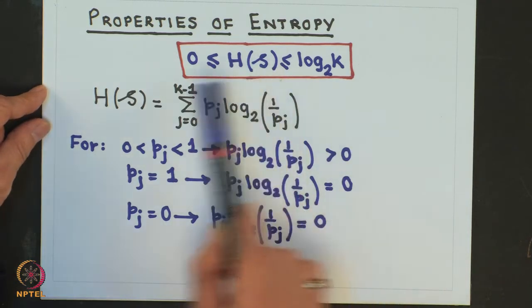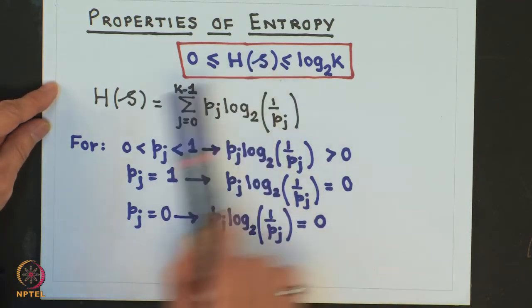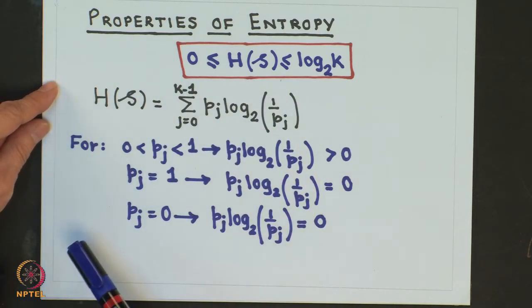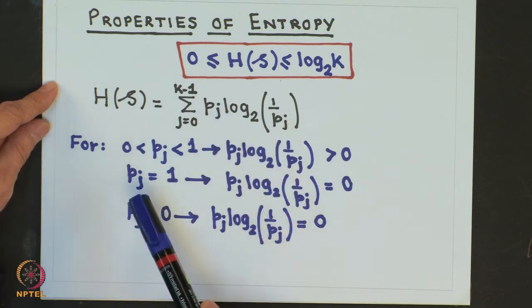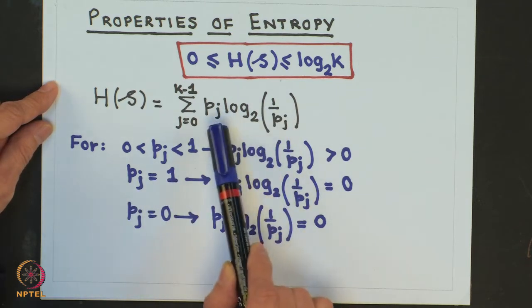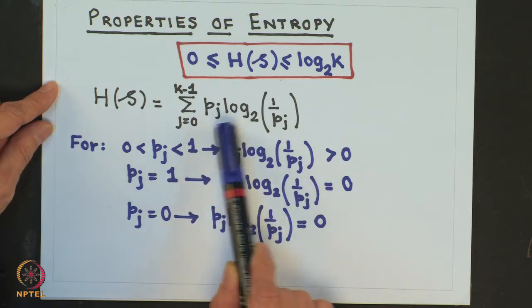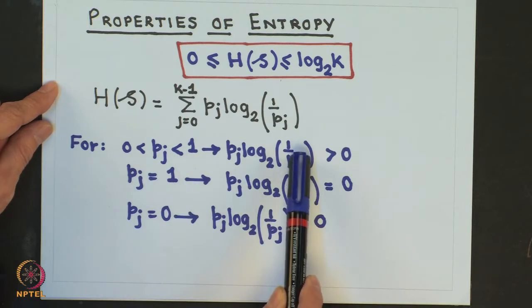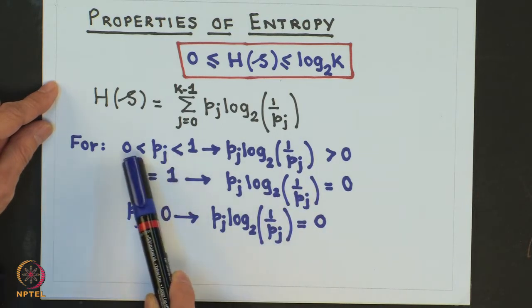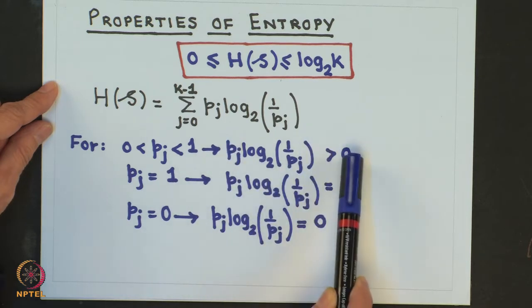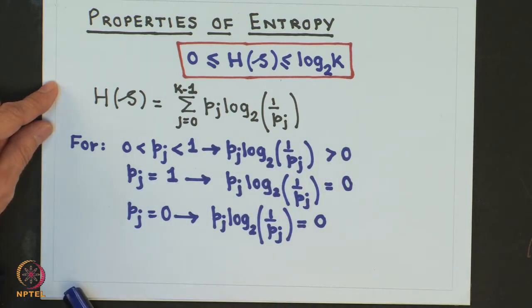Now, we know that the expression for entropy is given here. Let us look at each term in this expression. If you look at pj log 2 1 by pj, then it is not very difficult to see that for pj greater than 0 and less than 1, this quantity is always larger than 0.